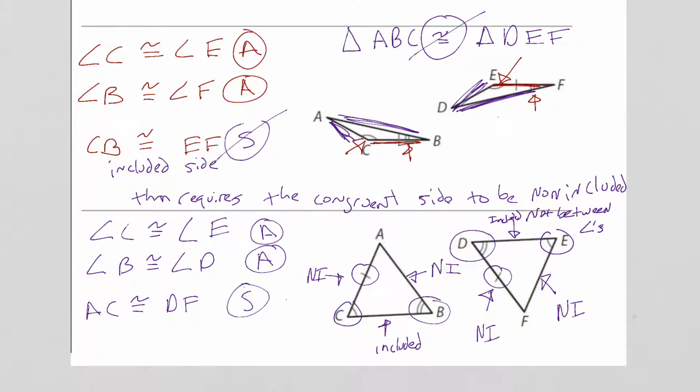And our side condition is met. The two triangles, therefore, are congruent. Triangle ABC is congruent to triangle DEF. And the reason is the angle side congruence theorem.